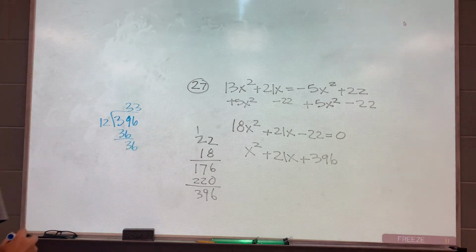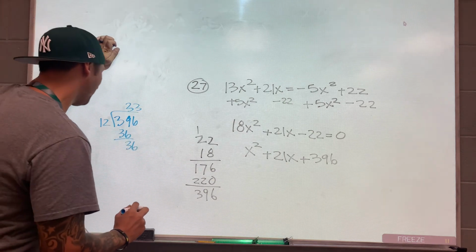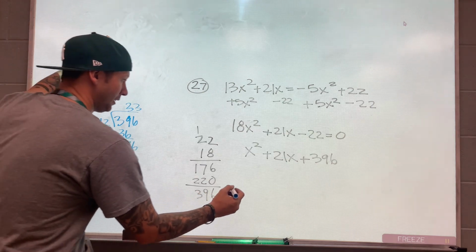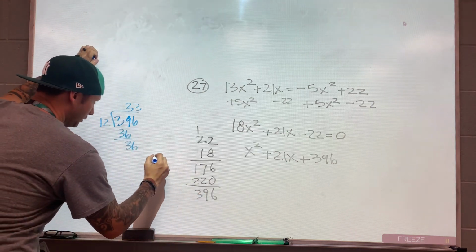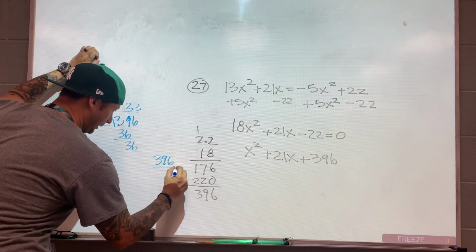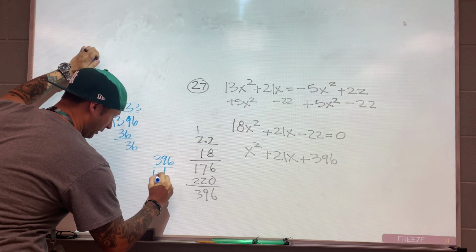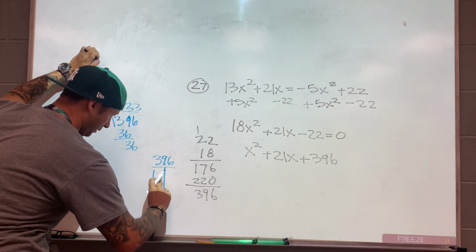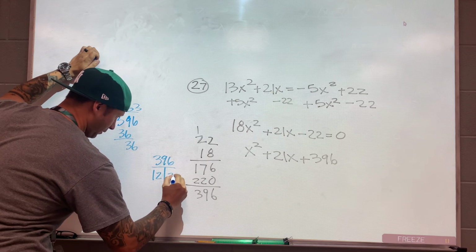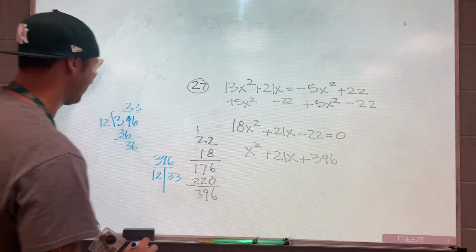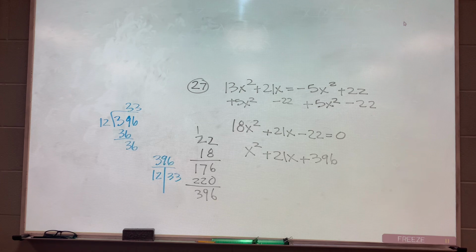Let's go. 12 and 33. All right. So 396, 12. 12 and 33. Because when I add them together, oh no, wait, dang it, I thought I was subtracting them.